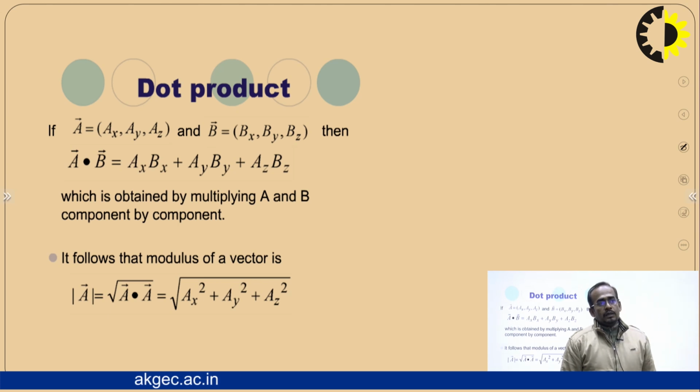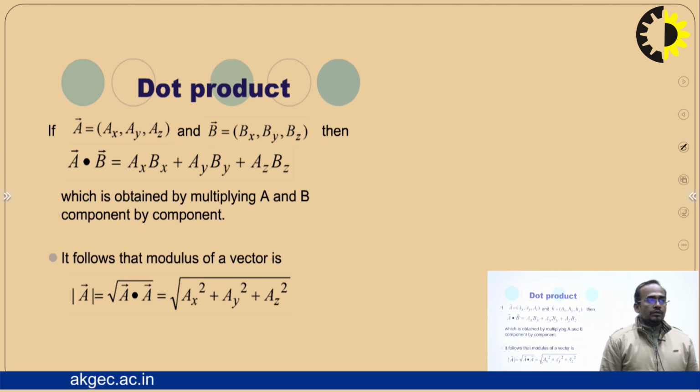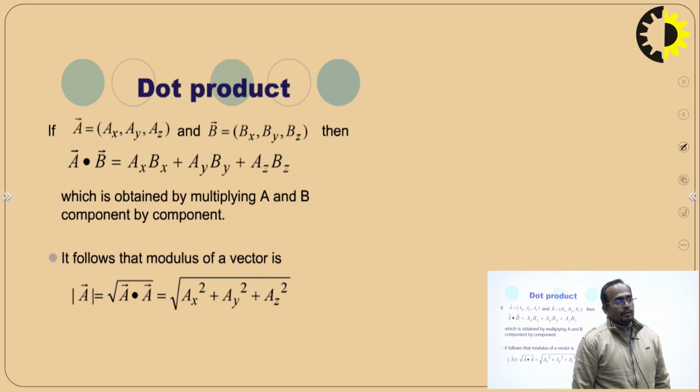So what will the dot product be? The dot product is simply the multiplication of the magnitudes of the two vectors in the same direction.